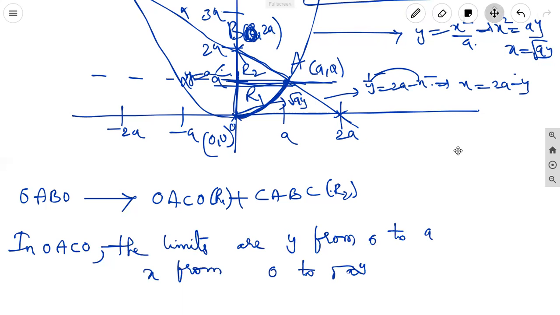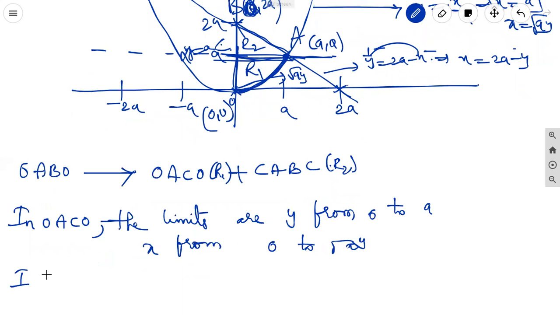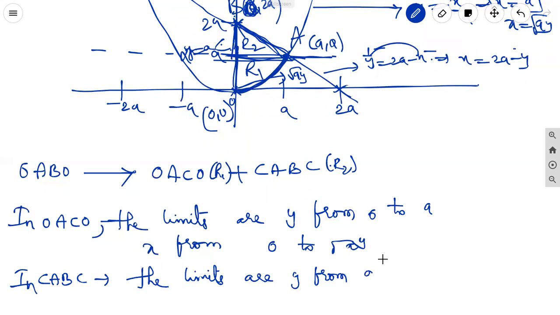Now, in CABC curve, the limits are y from, this is the y-axis, y from a to 2a, and x carries from 0 to 2a minus y, up to that strip.